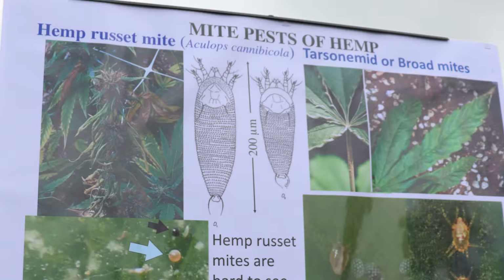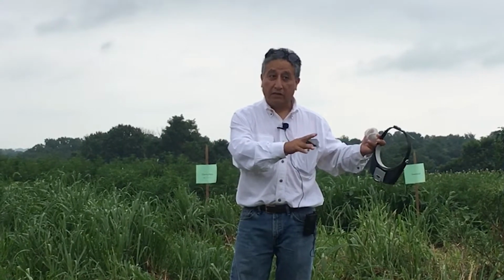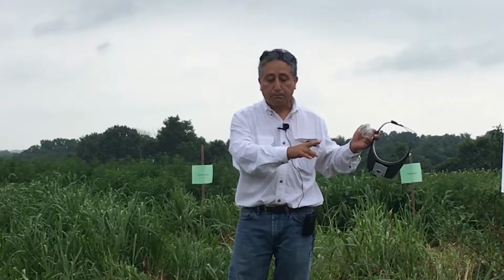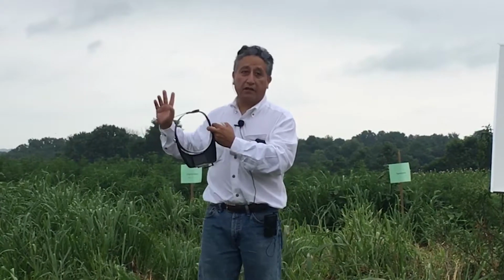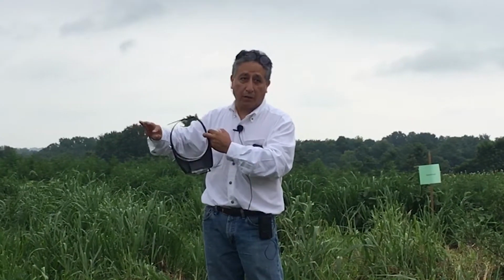These two types of mites can be moved from heavy infestations in the greenhouse, and they cause leaf distortions. If you come close by later, you can see that kind of leaf distortion.